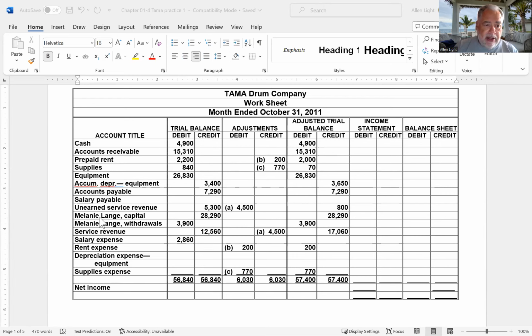Not everything here goes to these two columns or these two columns. For this one, everything from service revenue down is going to go under income statement, and everything from withdrawals up is going to go to the balance sheet. Okay, so that's the difference.